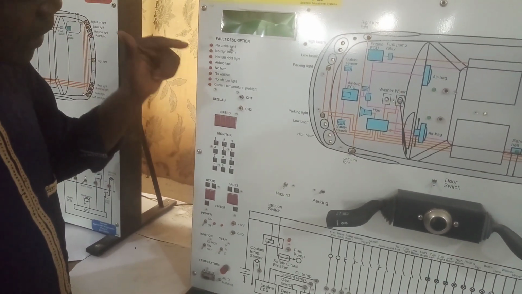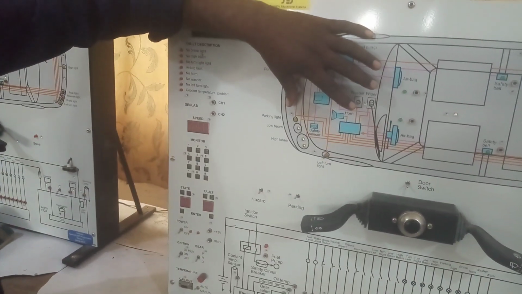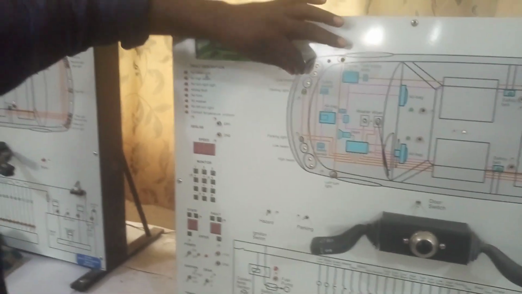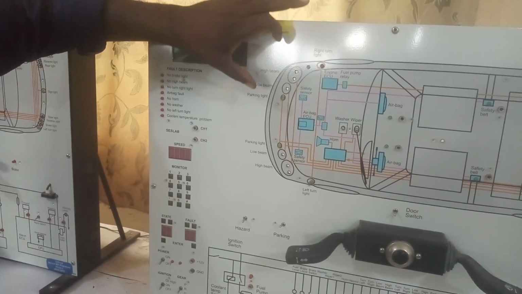And once there is no brake light, it will indicate on this panel for the operator to see that there is no brake light.